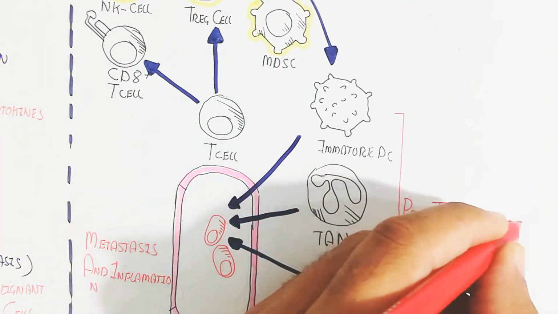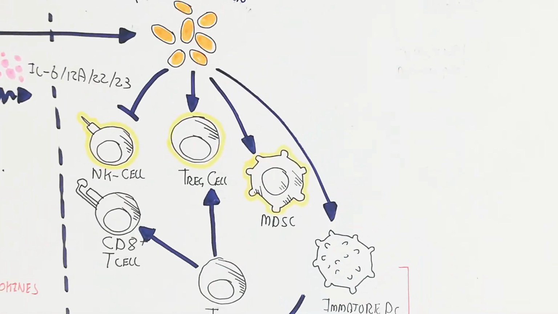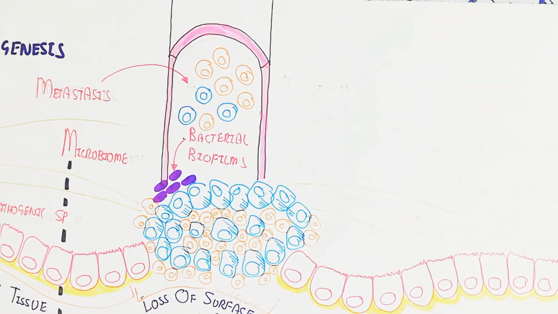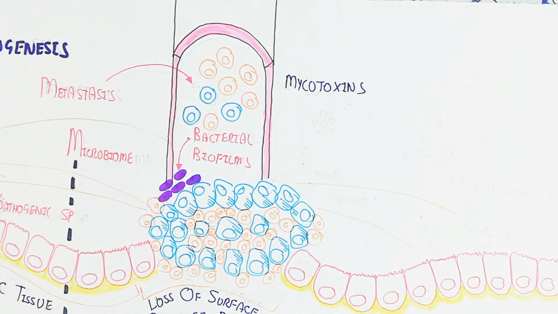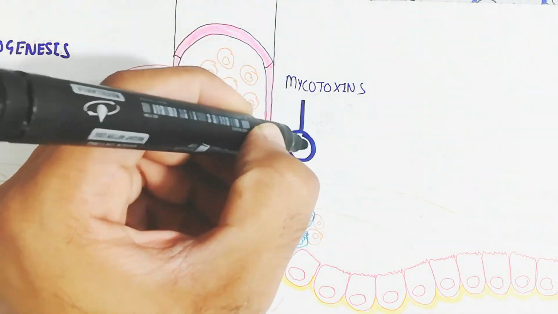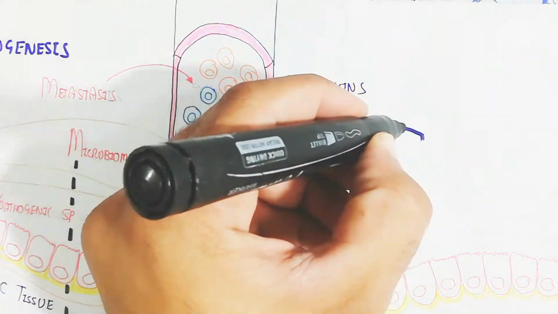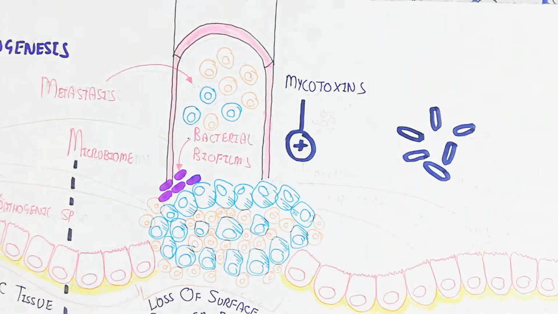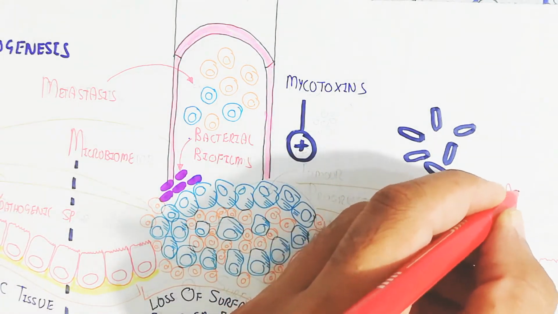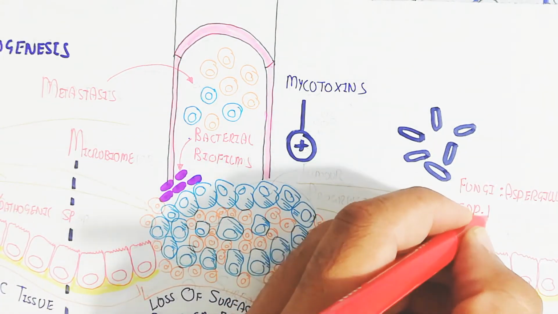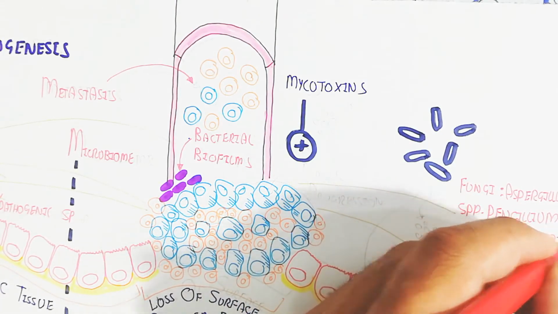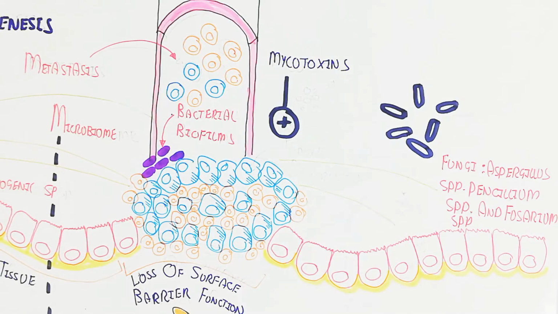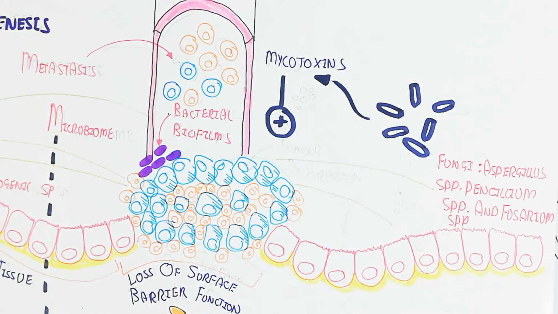And remember that the CD8 and natural killer cells will be inhibited, and the T helper cell or T regulatory cell will be stimulated, regulated to promote metastasis, to promote stage 4. That is why the natural killer cell and CD8 cell will not be functional. In this way, the inhibition occurs through commensals and pathogenic species. In this way, you can understand the interleukin 6, 12A, 22 and 23, which will promote this.